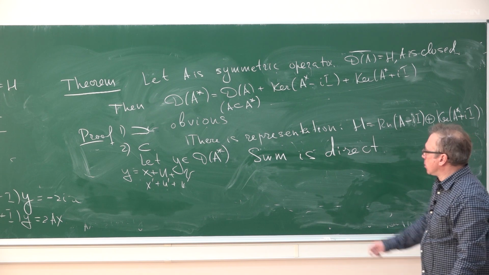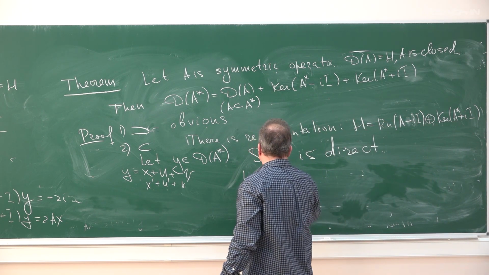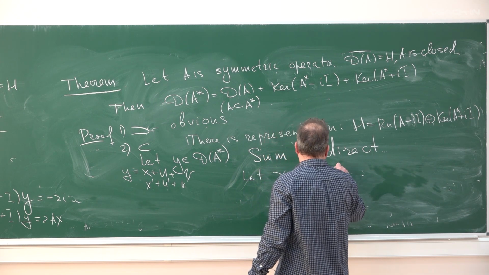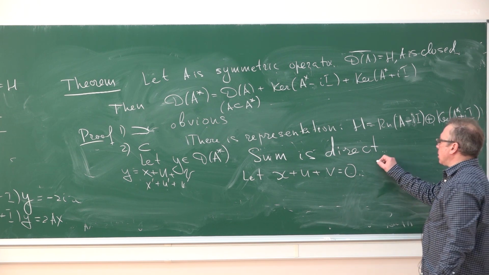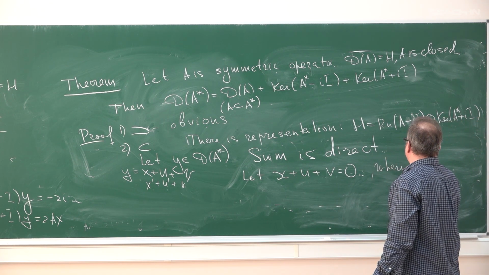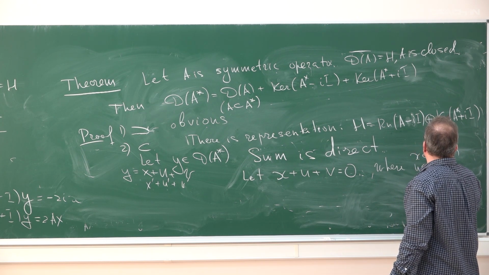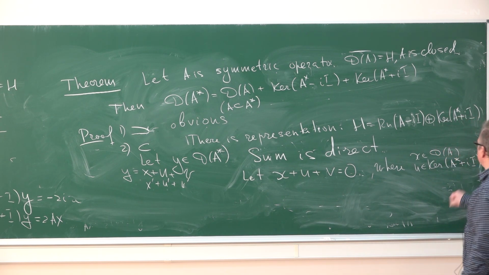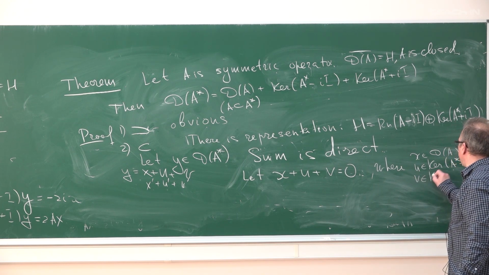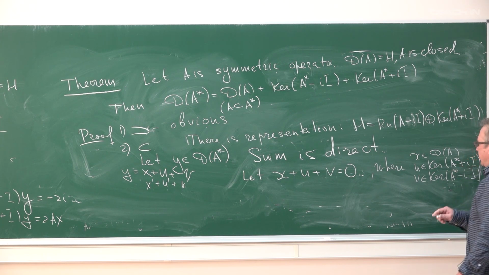The sum is direct. Let's show it. Let there be such a sum, where x is from the domain of operator A, u is from the kernel of operator A star plus identity, and v is from the kernel of operator A star minus I identity.